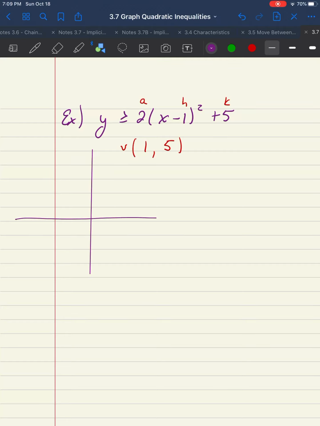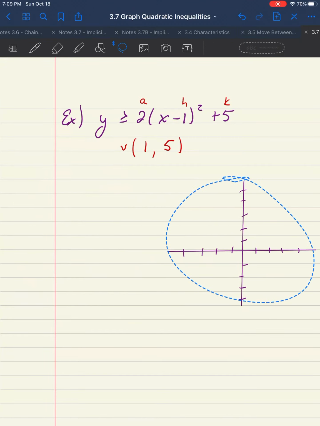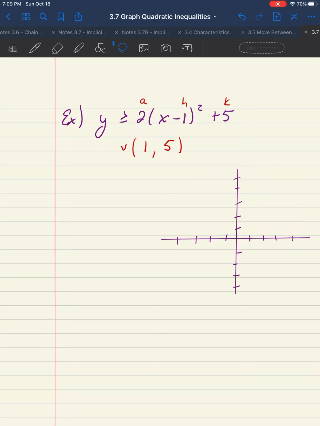Okay. Parentheses squared means I have vertex form, which is my AHK. So I get the vertex from doing the opposite of h, comma k. Oops, helps if I write the number instead of the letter, comma k. So again, I'm going to go to my coordinate axes.